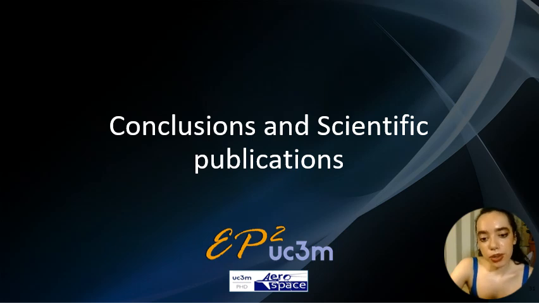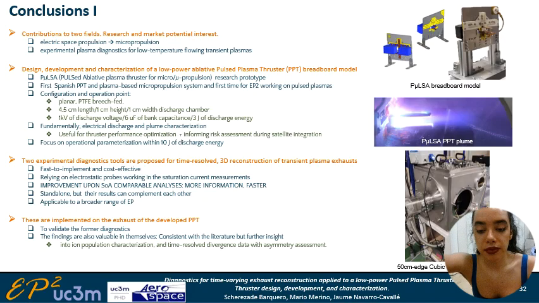So to conclude about the thesis, that is, concluding about the work carried out and also the findings. On the one side, that involved the design, development and experimental characterization of a low power class ablative PPT experimental platform named Pulsar, that has been the first Spanish plasma-based propulsion system, and also the first time for the EPG research group working on pulsed plasmas.